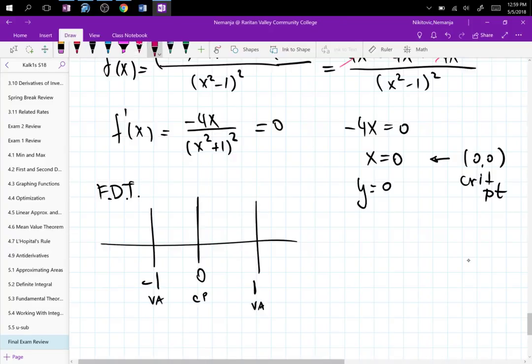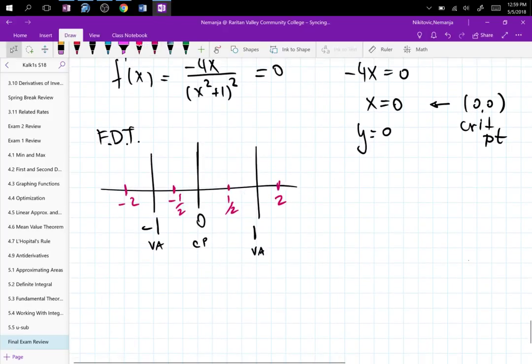Now the test points, what are the test points? Negative 2, negative 1/2, positive 1/2, and positive 2. So those are my test points, and then I do the first derivative test using these 4 test points.